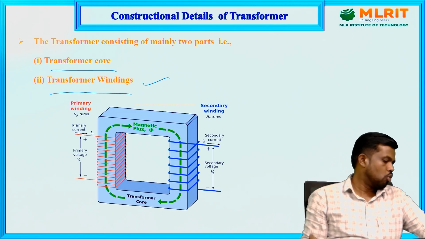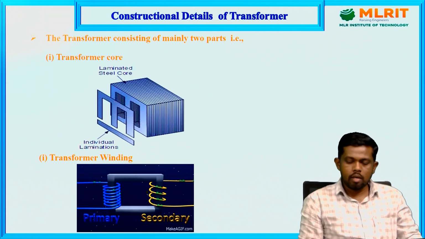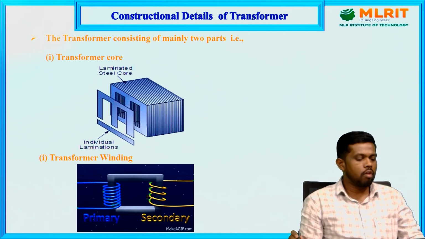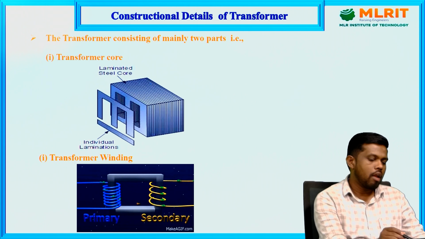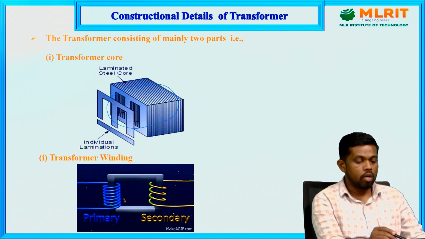So first let us go to the transformer core. The transformer core is a wire media support for the transformer winding, which provides a low reluctance path for magnetic flux linkage.